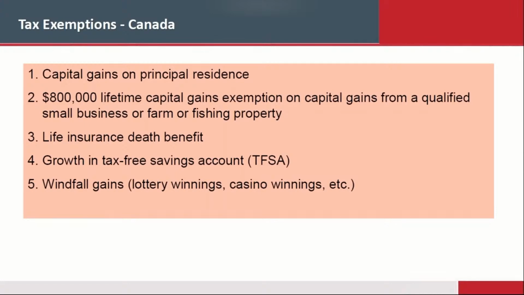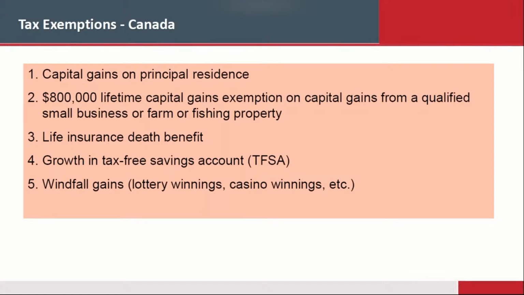If you own a Canadian-controlled private corporation, you are allowed to take an $800,000 lifetime capital gain exemption on that capital gain for a small business, like I said, a Canadian-controlled private corporation, or farm or fishing property. Now, that $800,000, by the way, is indexed. So this year's, I believe, is about $833,000 or something.